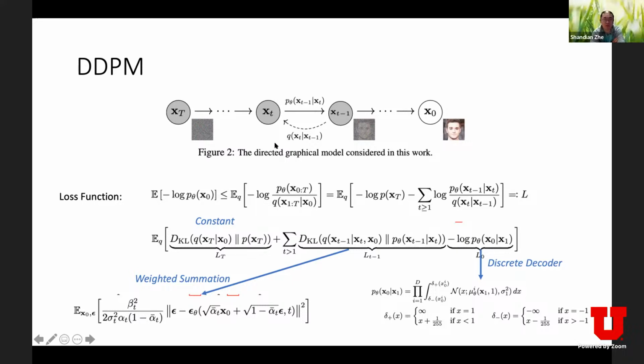The forward distribution is the posterior distribution here, q. Is it the way you diffuse the image or the way you generate? The forward is the diffusion forward. Here, the forward and the reverse mean the diffusion forward and the reverse time.